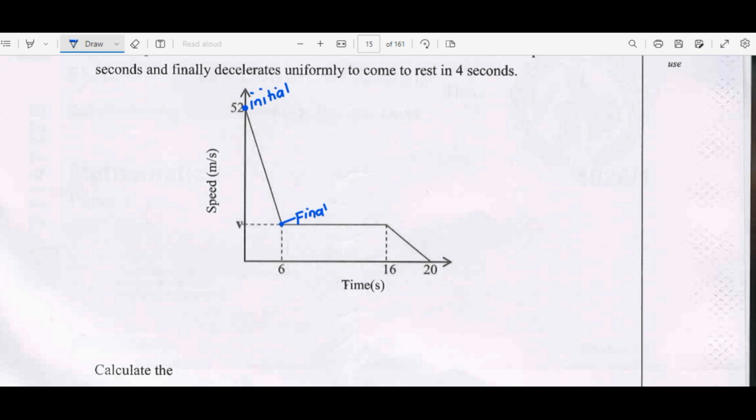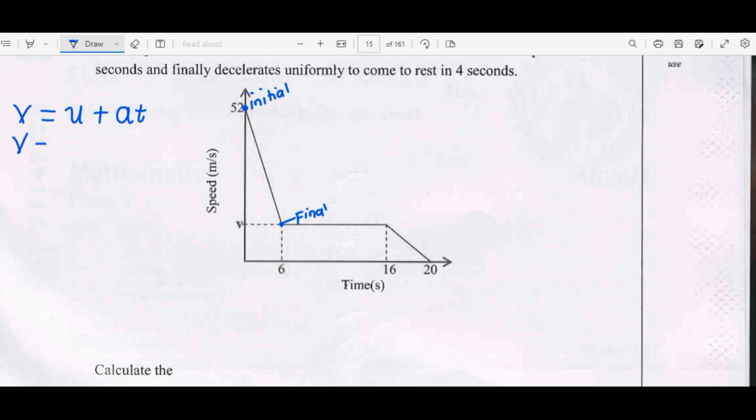Now we are finding v, so the v denotes the final velocity. The formula that you're supposed to use whenever you're finding the final velocity is: v is equal to u, which is our initial velocity, plus the acceleration multiplied by time.